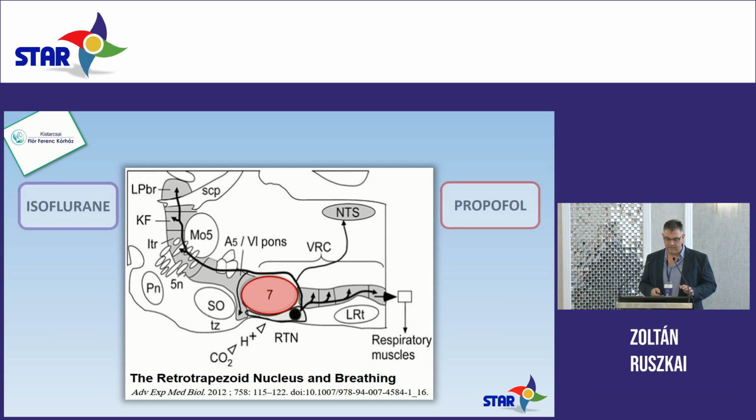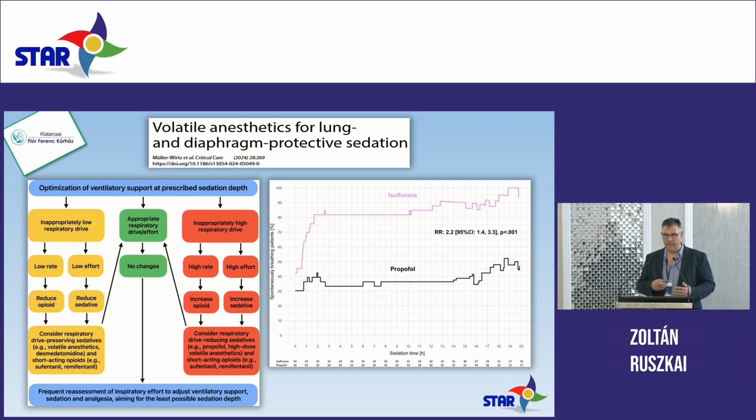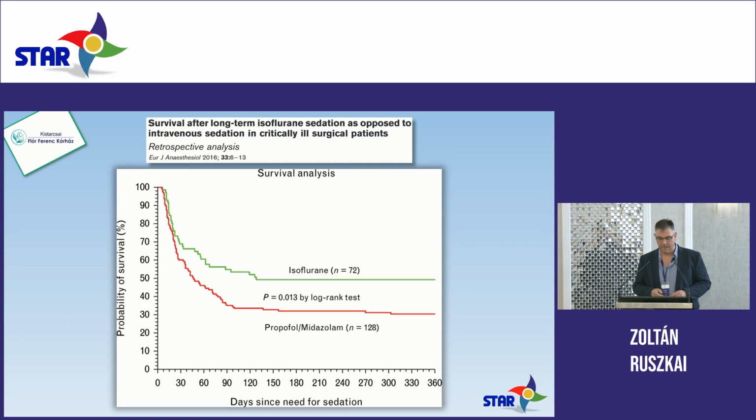They can, or at least isoflurane can, activate the retrotrapezoid nucleus in the brainstem responsible for spontaneous breathing activity, while propofol inhibits this nucleus. So it was a really nice experiment, really nice study. They found that preserving spontaneous breathing using isoflurane was superior to propofol in this case.